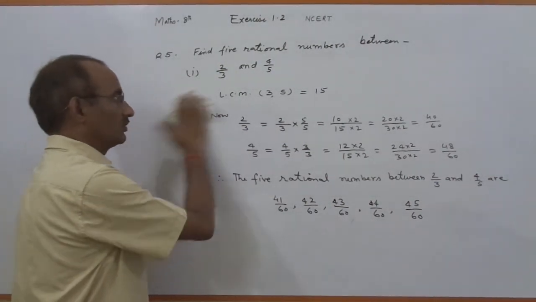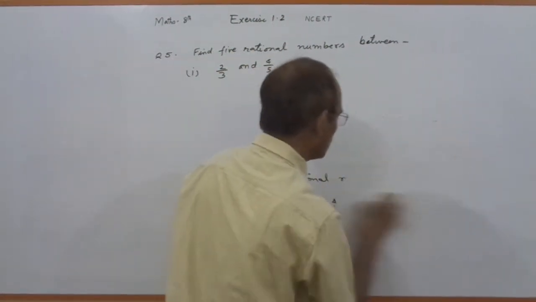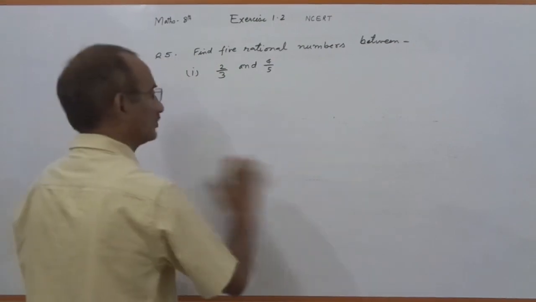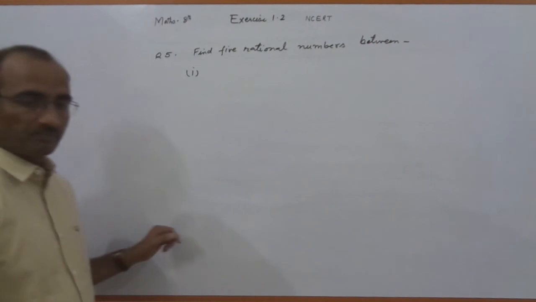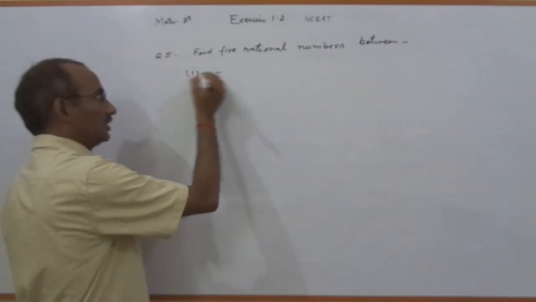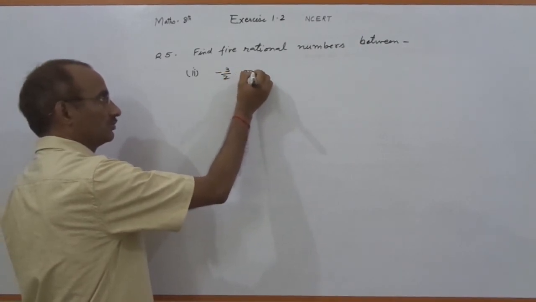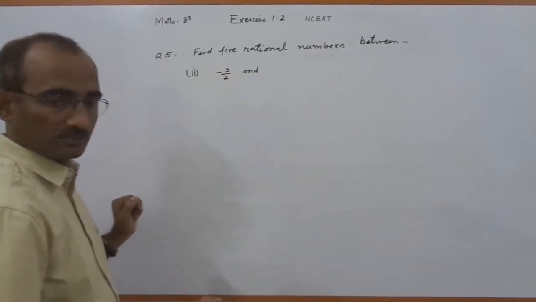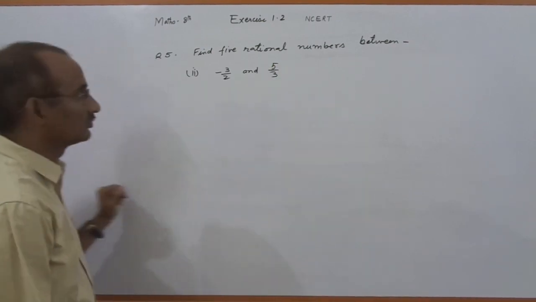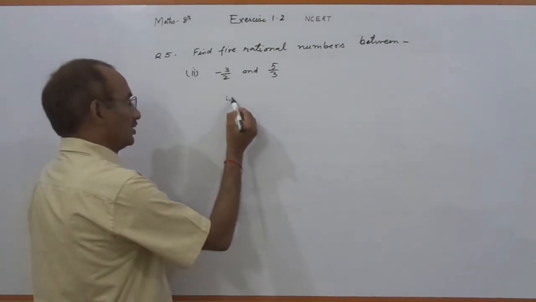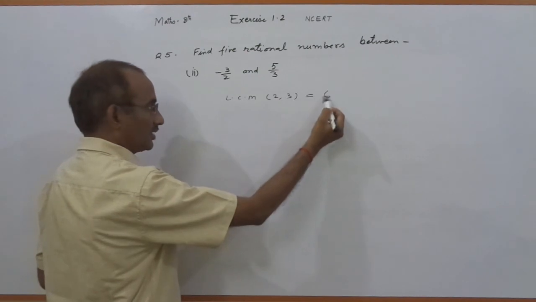Now come to the second question. Here we have minus 3 upon 2 and 5 upon 3. So the LCM of 2 and 3 is 6.